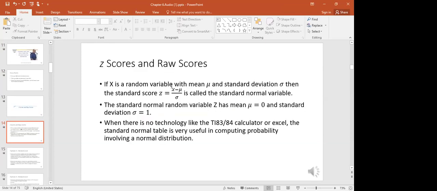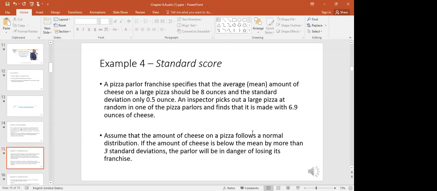So if you have a normal distribution X with mean mu and standard deviation sigma, you can standardize it by using the formula Z equals X minus mu over sigma. This gives rise to a standard normal distribution. It has a mean of 0 and a standard deviation of 1. So whenever you see a standard normal distribution, you should know that the mean is 0 and the standard deviation is 1.